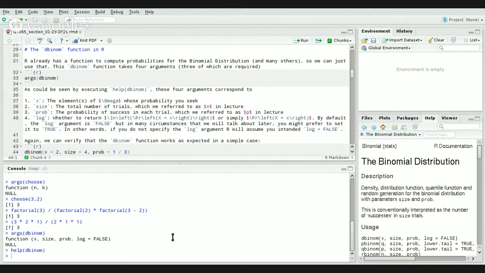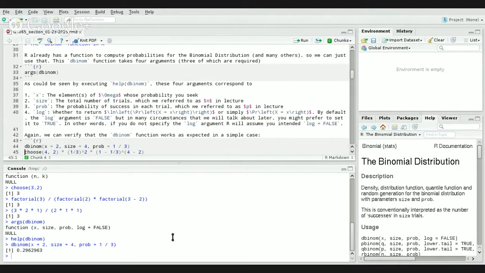We could verify that the d-binom function works in the sense it produces the probability that you obtain x successes in n trials when the n trials are independent by calling the d-binom function. Here we're going to investigate the probability that x is 2 when the number of independent trials is 4 and the probability of success on each independent trial is 1/3.